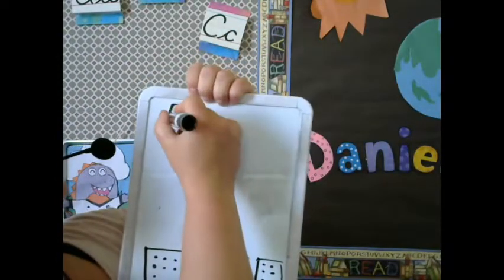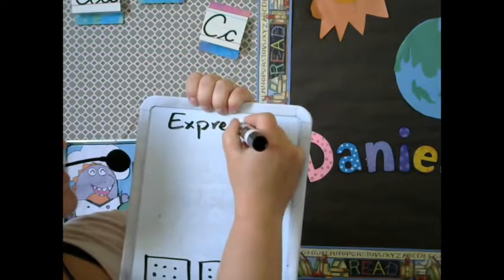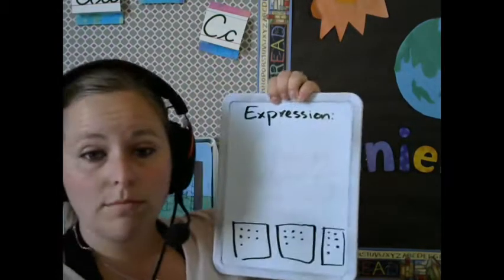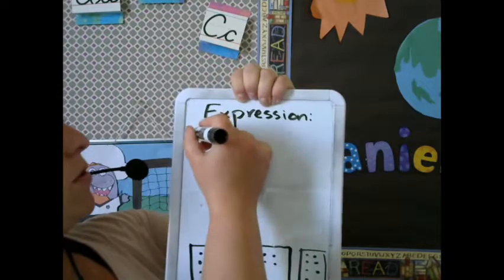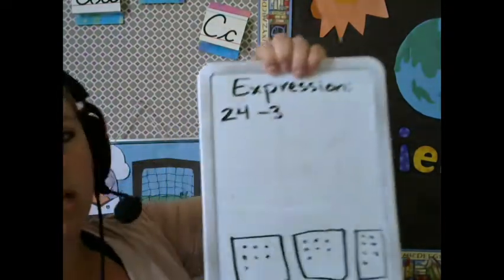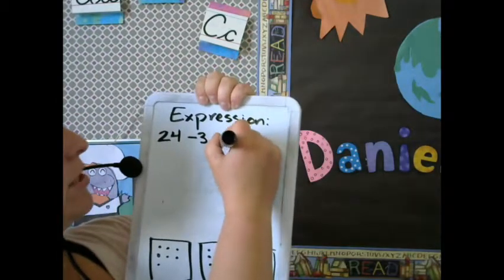So this is how I would write it, okay? For the expression, I started out with 24 conch shells. Then we gave away 3 to Laura's cousin, so 24 minus 3. That was my first expression.